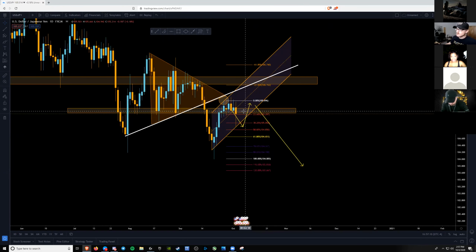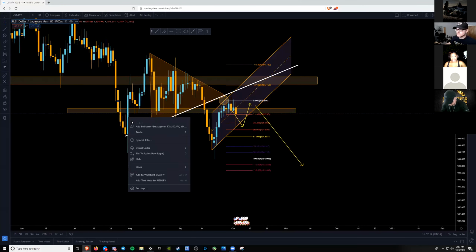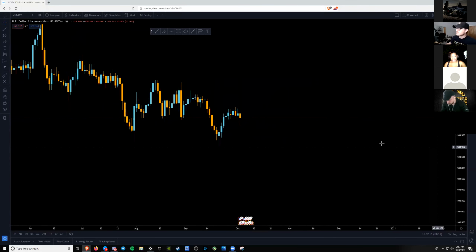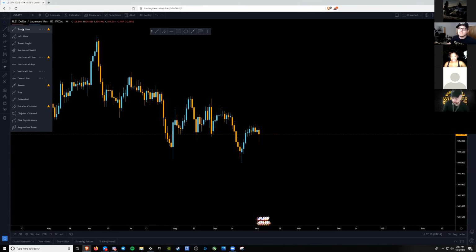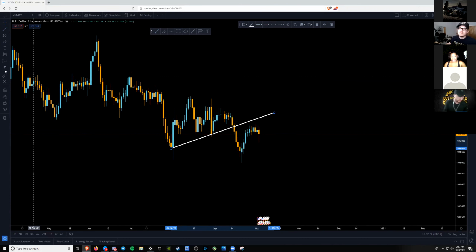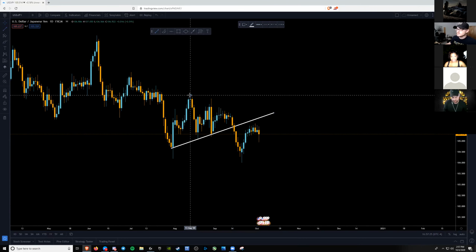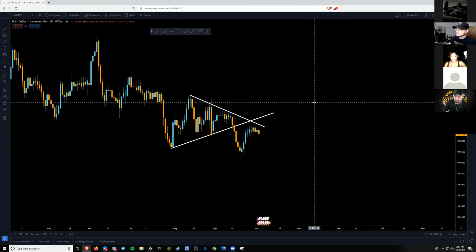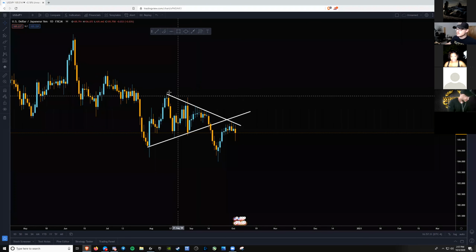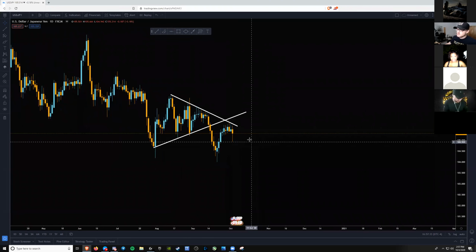I still think this will probably go up a little bit more, so let me clear this and we'll just redo it. So we're kind of curving around on this trend line, this ascending trend line that we had.